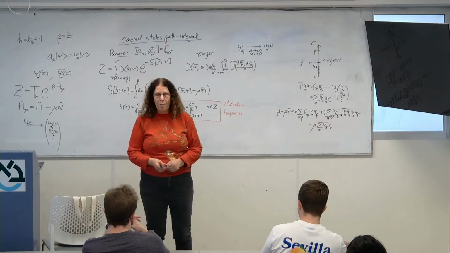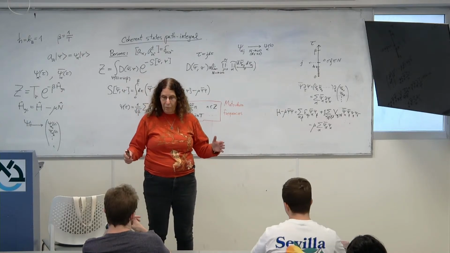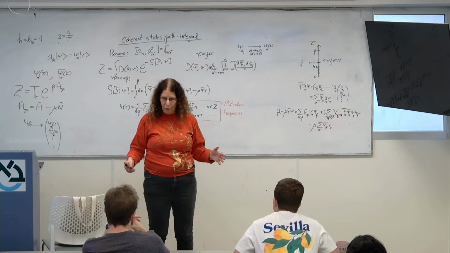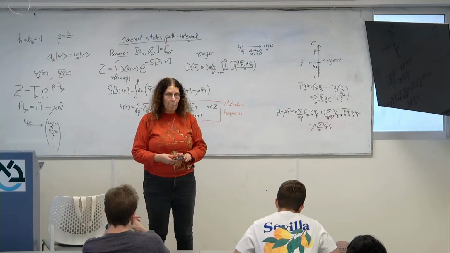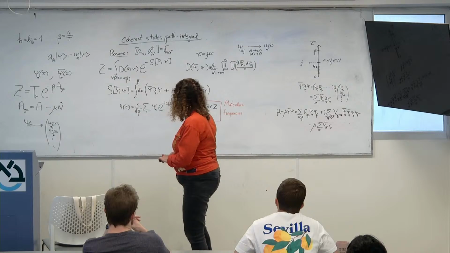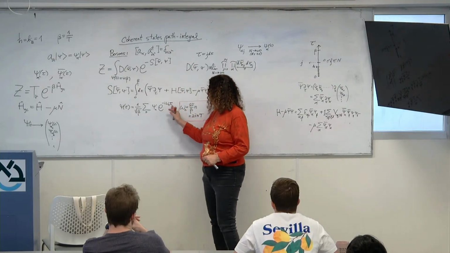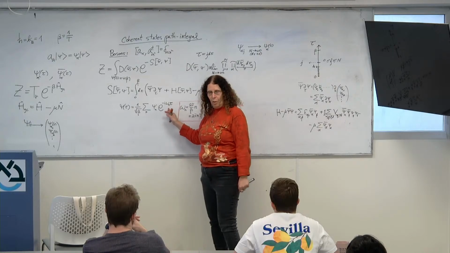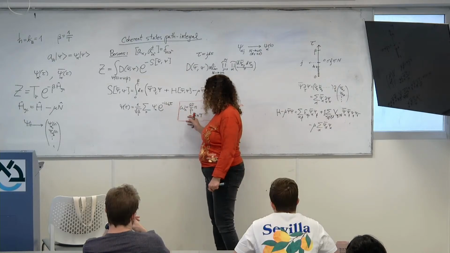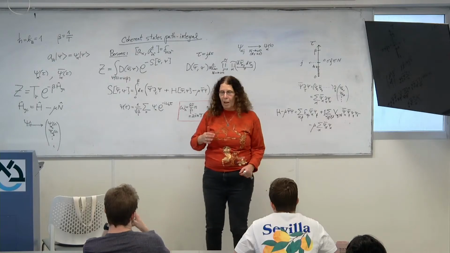When you have a period in time, any periodic function can be expanded in Fourier components, where the only frequencies that obey the boundary conditions are 2 pi over the period times an integer.